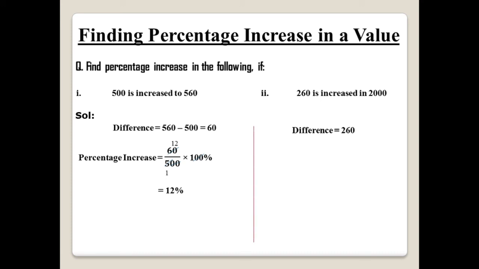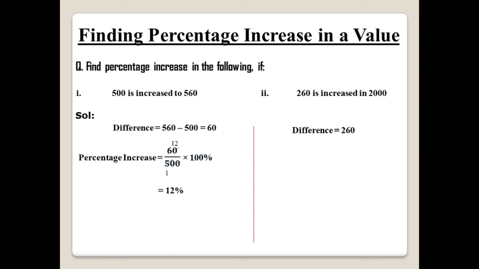Similarly, for the second question, it is already given to you. The difference is 260 and the base value, the original value, is 2000. Because it is mentioned that 260 is increased in 2000, means 2000 will be increased by 260, not increased to 260.